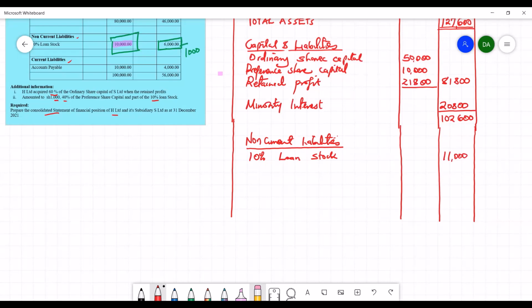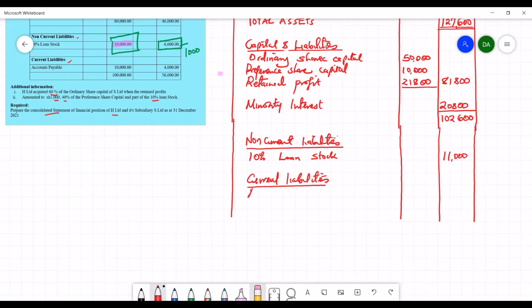After that, we go to current liabilities. And the current liabilities consist of accounts payable. And for the accounts payable, we just simply add the two. Add the one which is owed by the parent company to the one which is owed by the subsidiary, so that we have a total of 10,000 plus 4,000 to be 14,000.